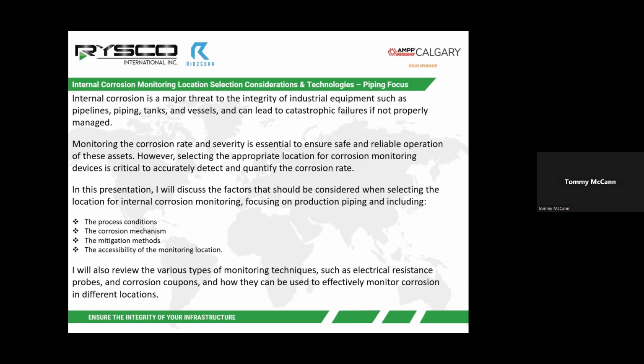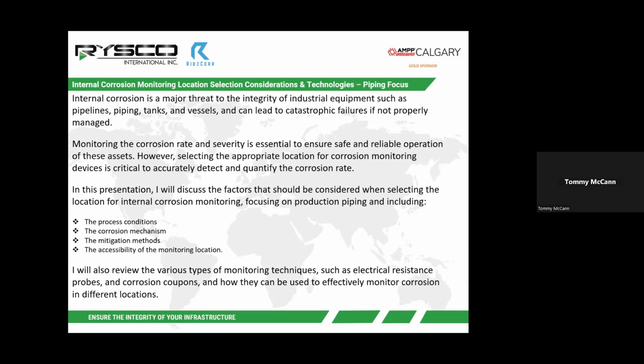And we know that if you fail to manage the threats from internal corrosion, you can see catastrophic failures. Being able to monitor the rates of corrosion and classify their severity is a key part to ensuring that safety is maintained and you have continued and reliable operation of your assets.